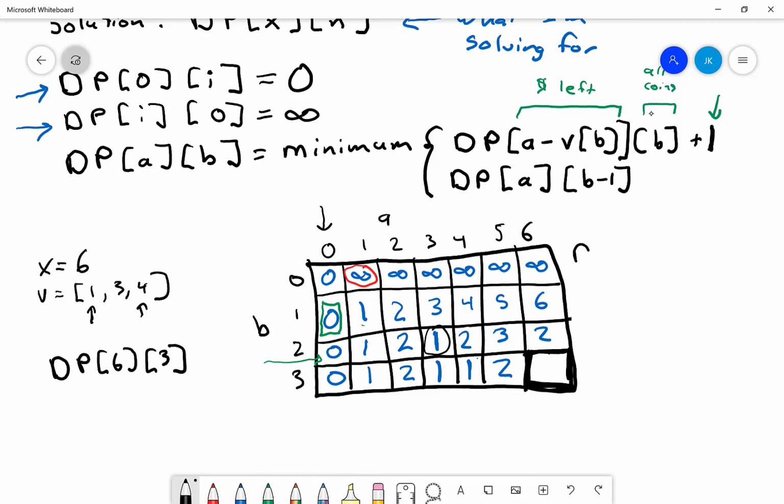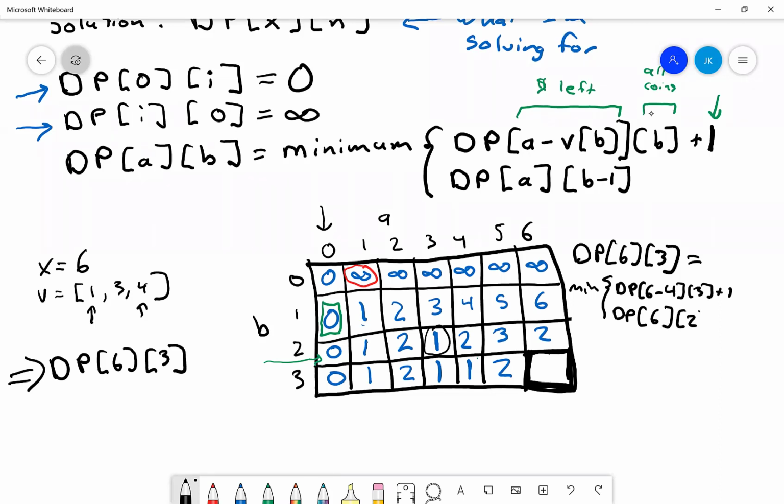So let's look at our very last example. This is actually the solution that we're wanting to get, which is dp of 6, 3. And remember, this is the thing that we care about the most. So the way we can write that is going to be the minimum between the dp of 6 minus the value there, which is 4, 3, plus 1, or dp of 6, 2.